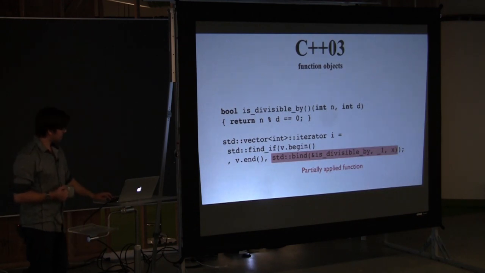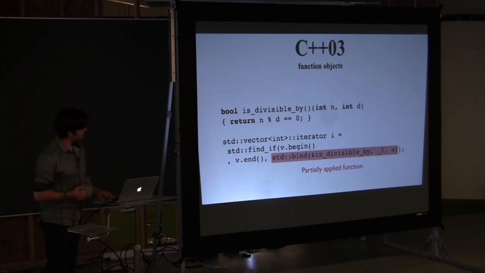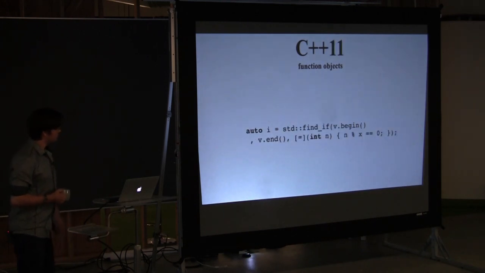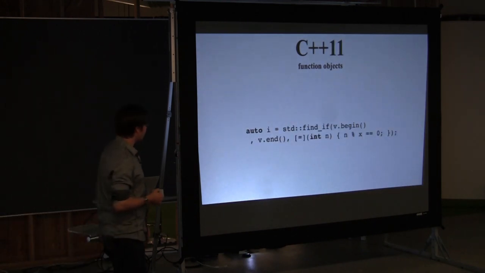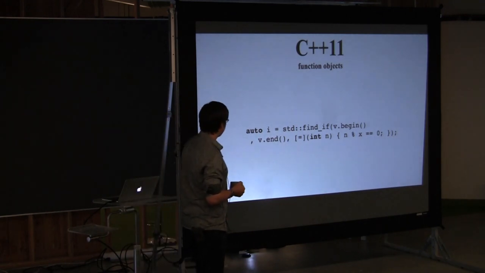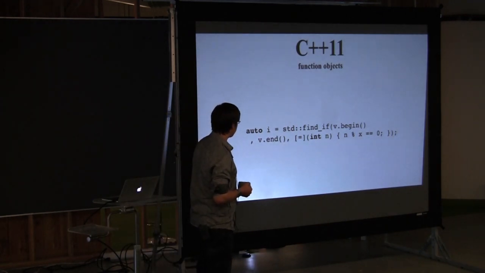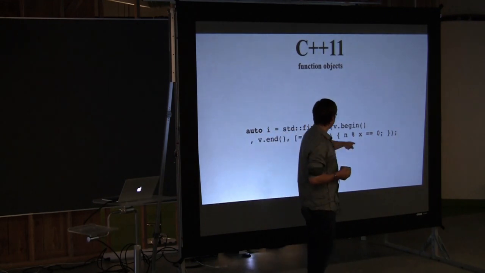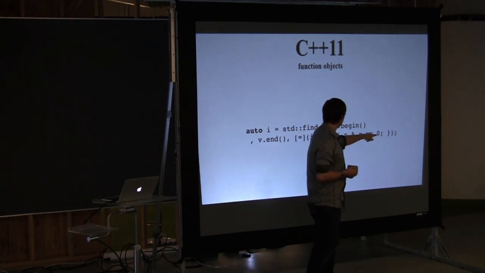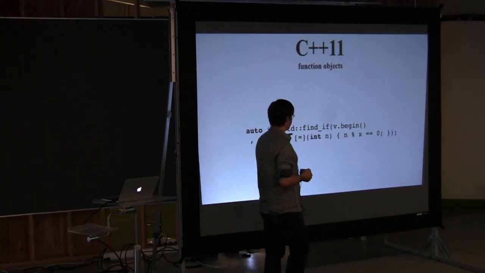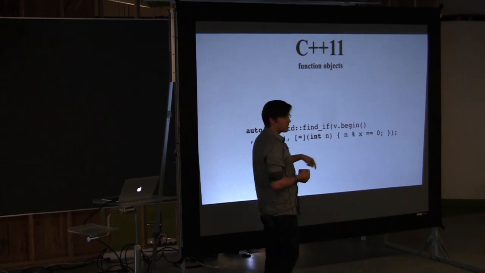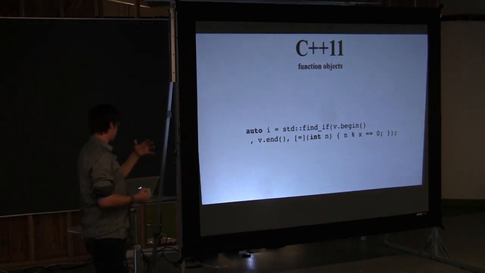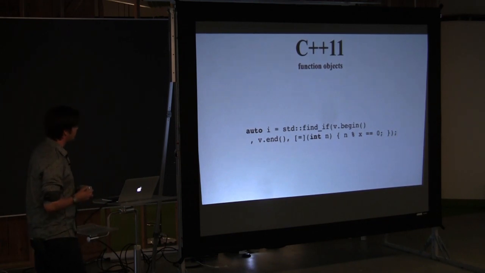So what you can do in C++11 is write all of this code inline with the lambda function or lambda expression, which makes it a little bit easier to read. For instance, you can notice here that you just say x here, even though it's inside this scope. So x is actually automatically pulled out of the context around the expression.